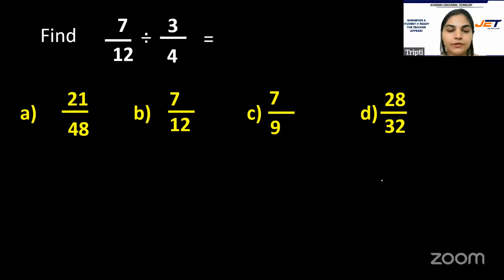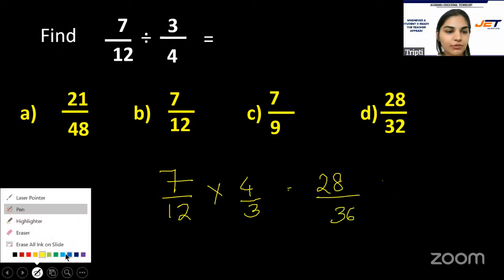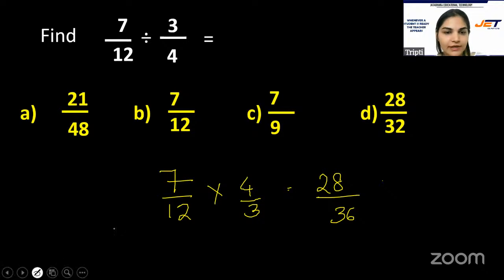All right. So, keeping it there, 7 by 12. Changing it to multiplication. Flipping it like 4 by 3. 28 by 36. Or you can cancel it here only. Like 4 threes are 12. Yeah, so 7 by 9.